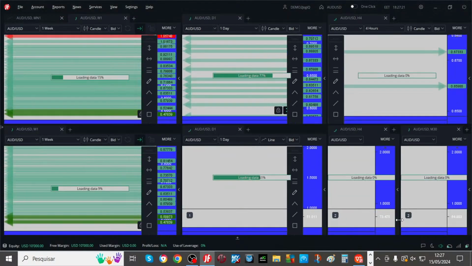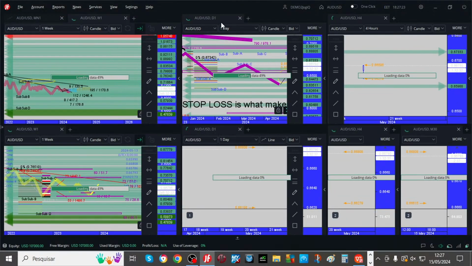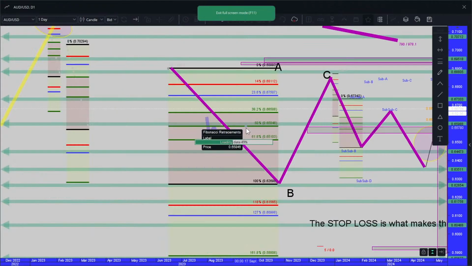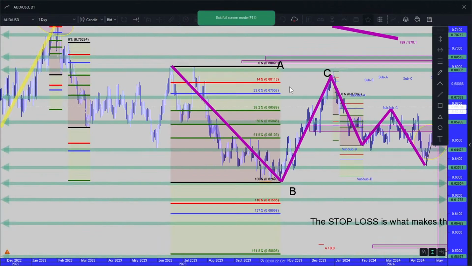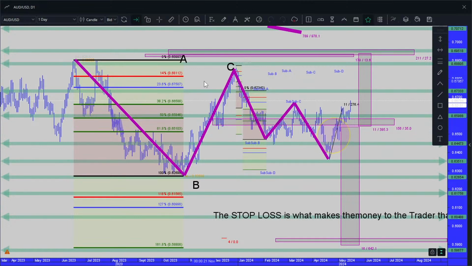Let's see if we can find some, or maybe we're going to find a crown that I can ask you, what would you do? AUDUSD daily chart. AUD is strong.